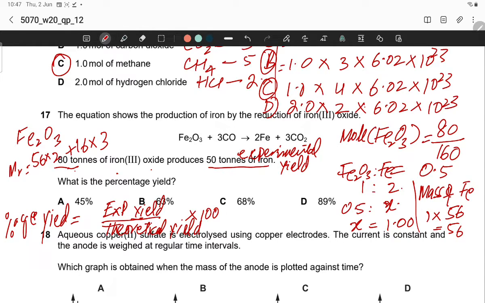So the experimental yield is 50 tons divided by 56 into 100. So 50 divided by 56 into 100 is equal to 89. So D option is correct.